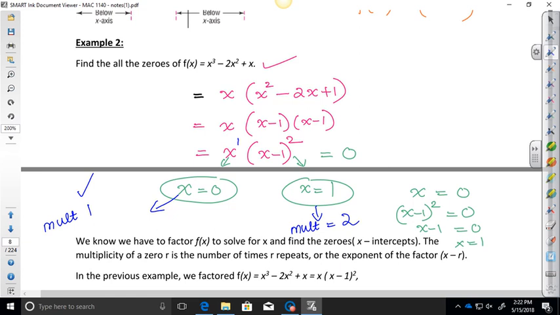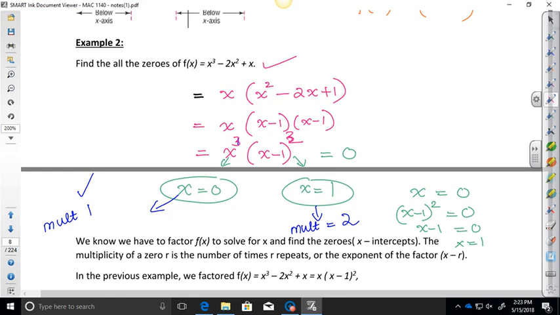So if the multiplicity was 3, then still it crosses because it's an odd number. If x were equal to 2, and the exponent is 3, then the multiplicity would be 3.